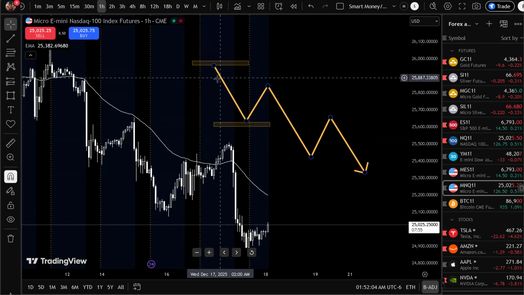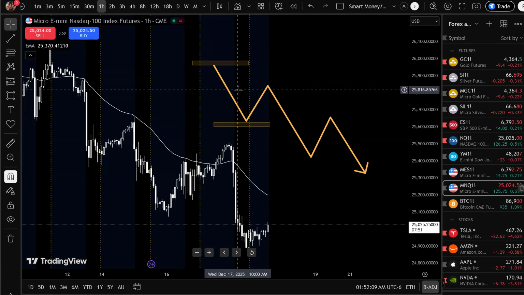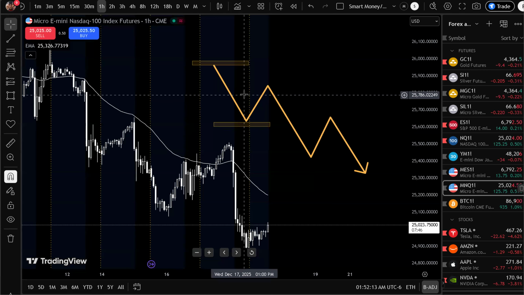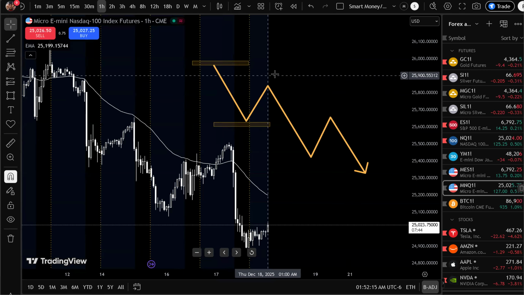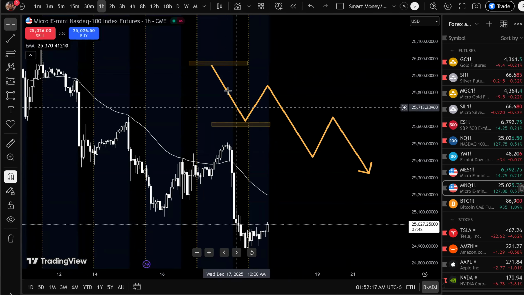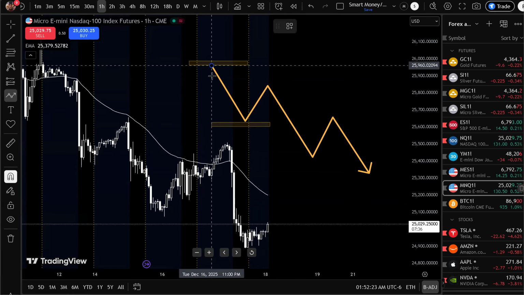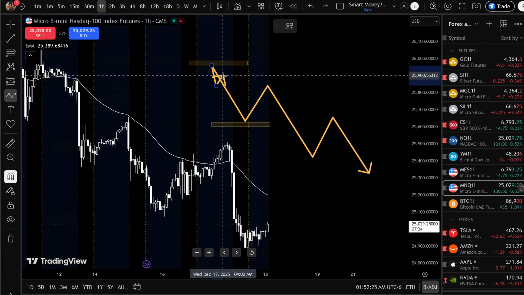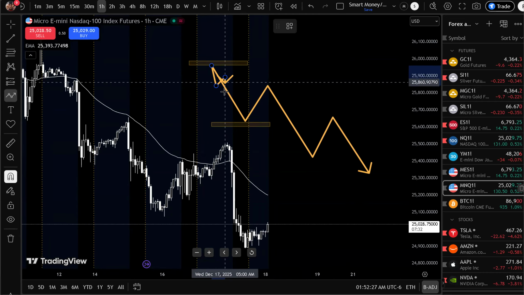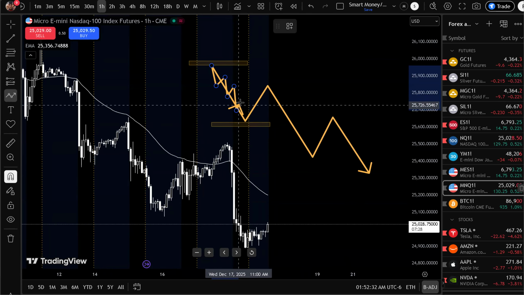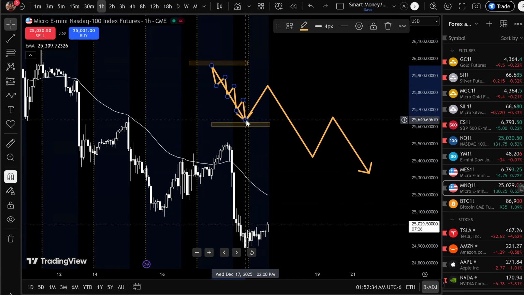Now, that can be fair value gaps, that can be order blocks, that can also be those internal highs and lows that are made. Because understand, in a range like this, you have something like this going on as well. You have those smaller ranges.